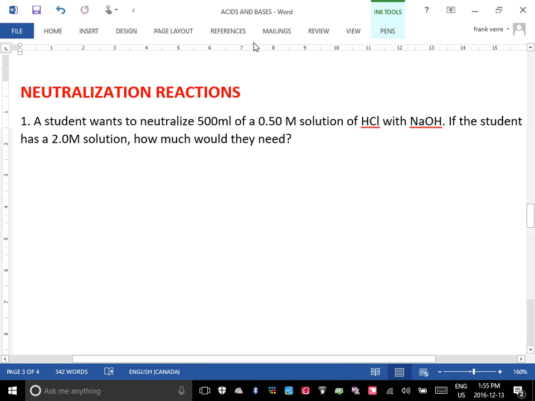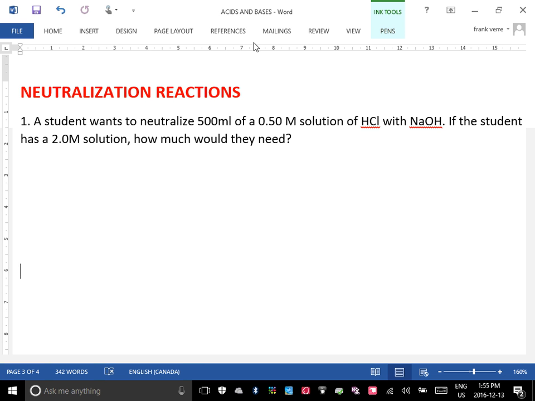Okay. So we talked about the pH scale. Our next thing we'll look at are neutralization reactions. This is when you have an acid and a base reacting, basically trying to cancel each other out.